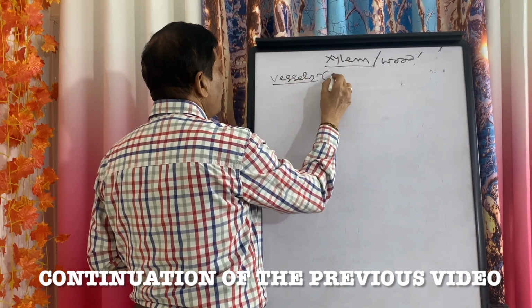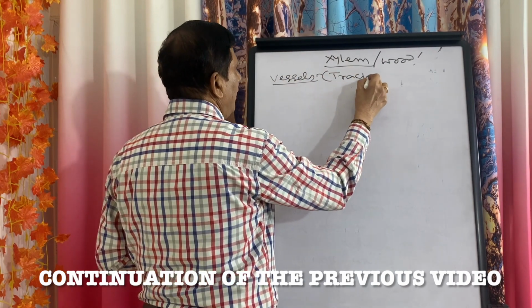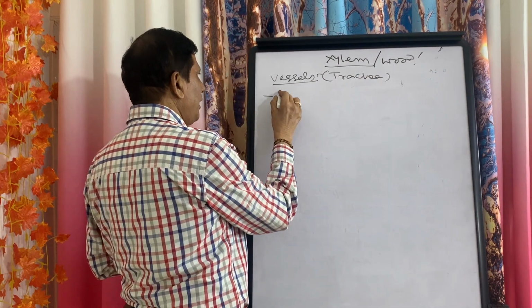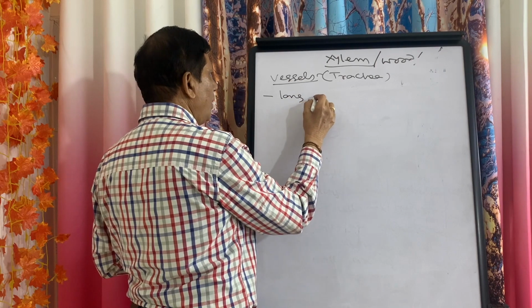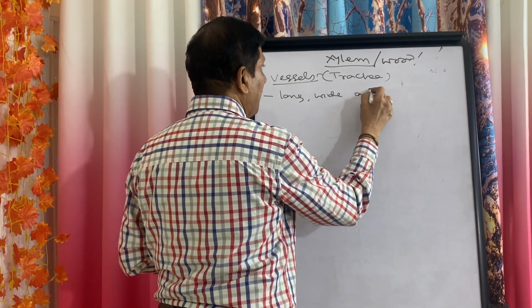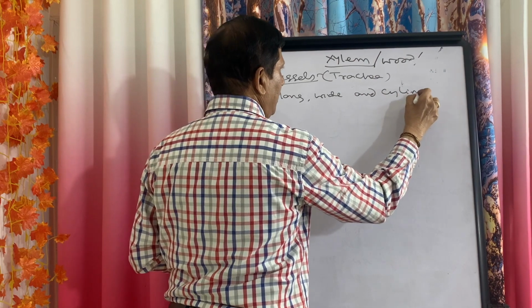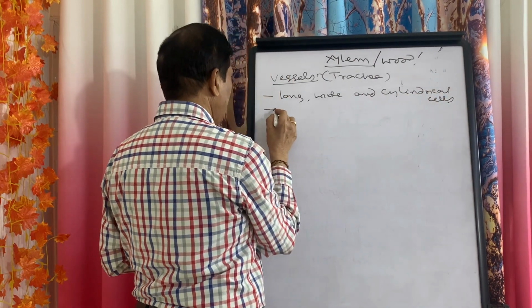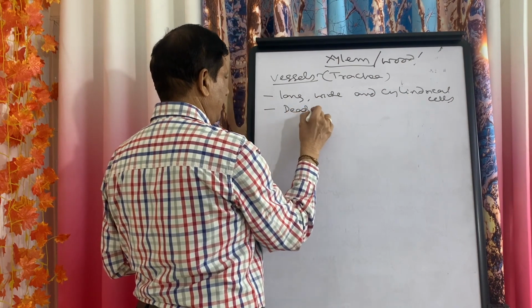Vessels are also known as trachea. Now these vessels are long, wide and cylindrical cells. These are also dead cells.